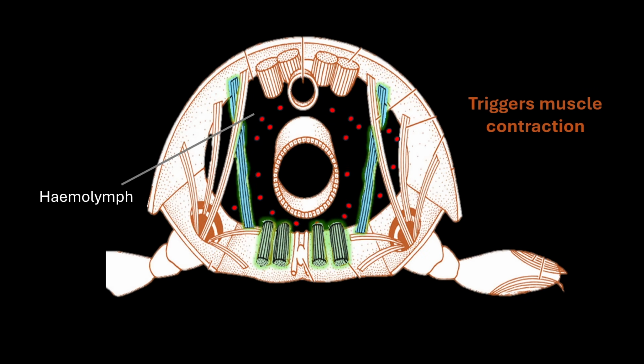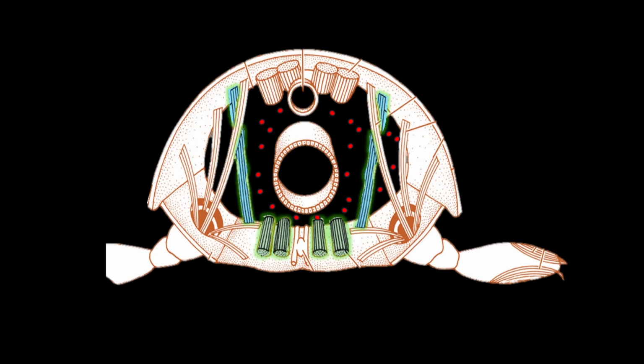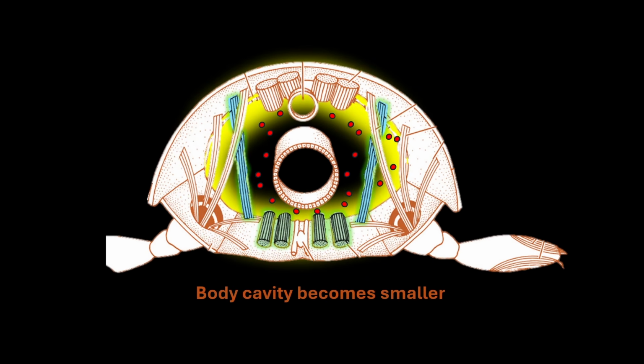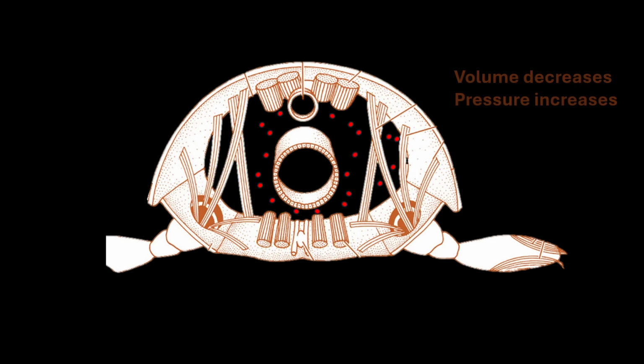Increased concentration of carbon dioxide triggers the contraction of both longitudinal and dorsoventral muscles. When these muscles contract, the body cavity becomes smaller. The volume decreases and the pressure increases.